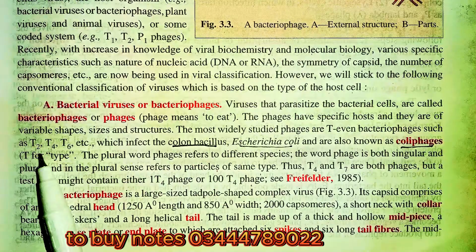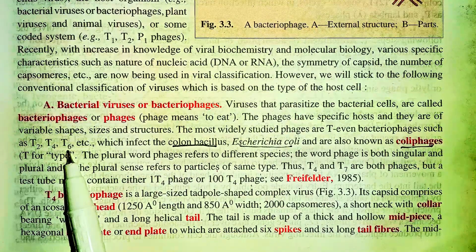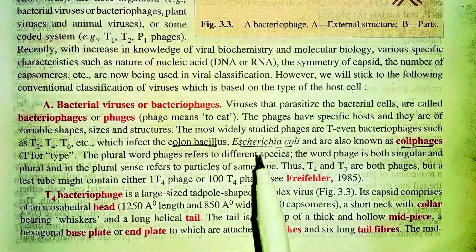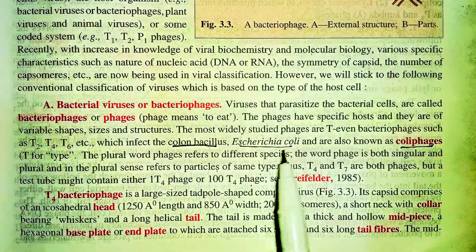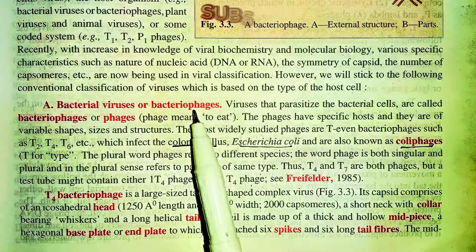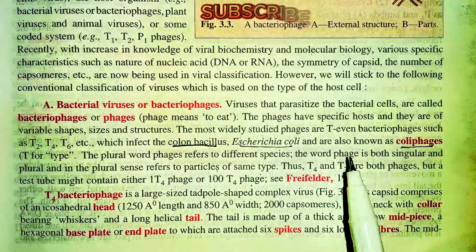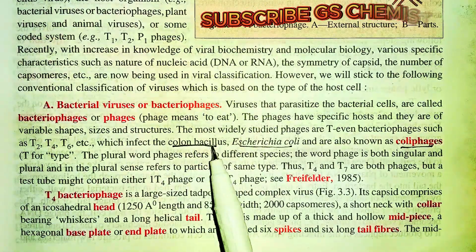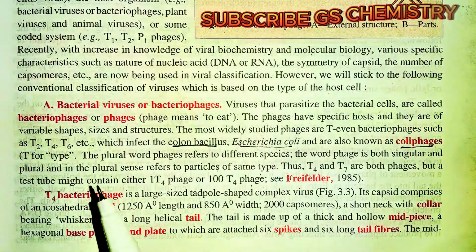They are basically bacteriophages, right? Sometimes they are eating Escherichia coli, so that is why they are named bacteriophages. Sometimes they are eating the colon cells or colon bacteria, so they are called bacteriophages.